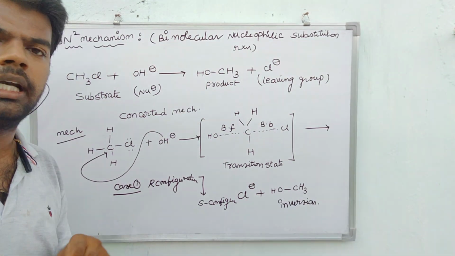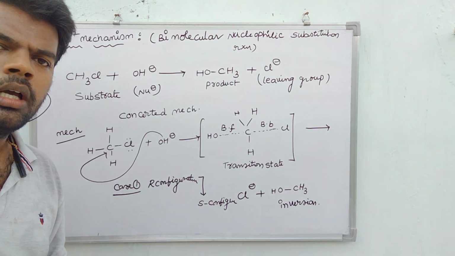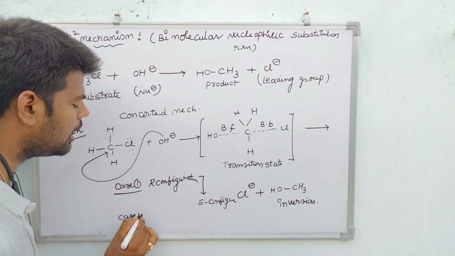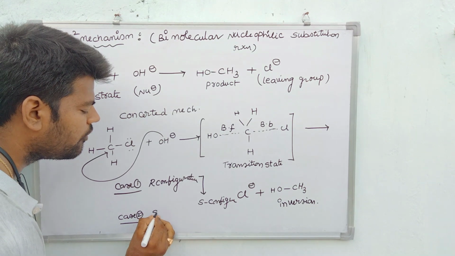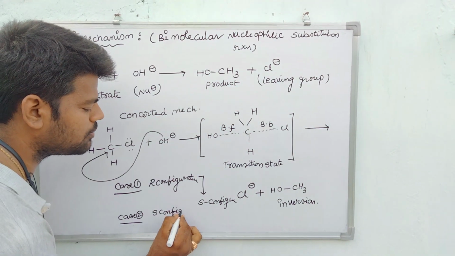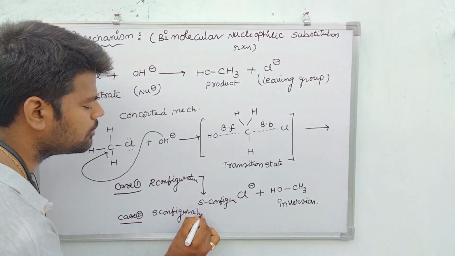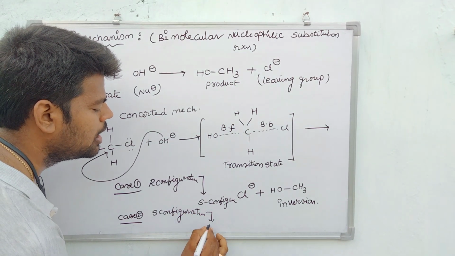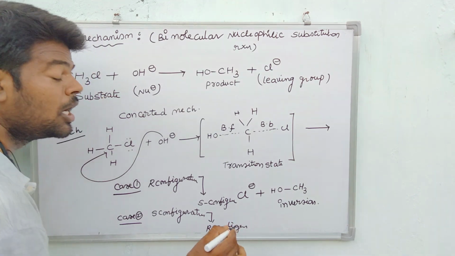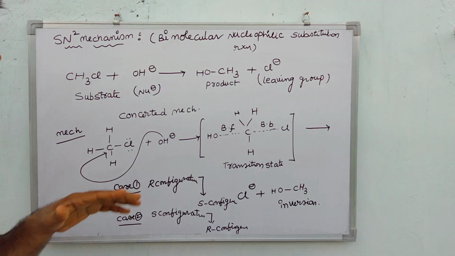Observe that point carefully. In the similar manner, take case 2. What is case 2? If the initial substrate has an S configuration, which configuration will the product have? R configuration will be obtained.